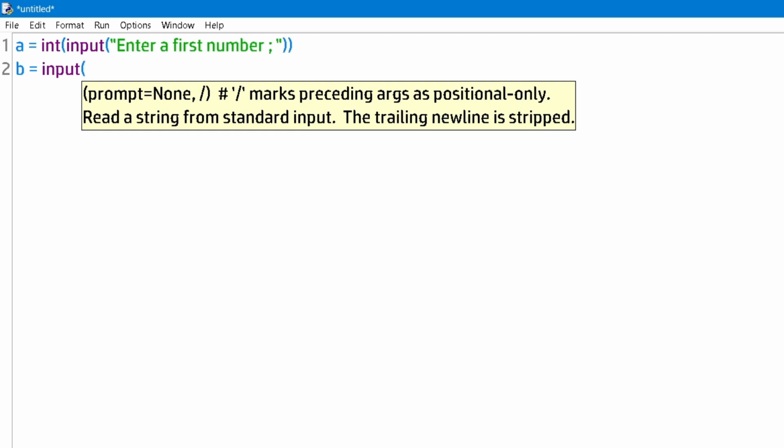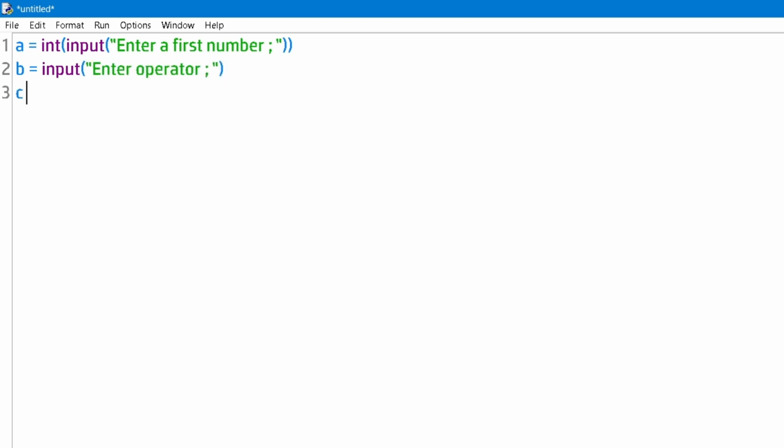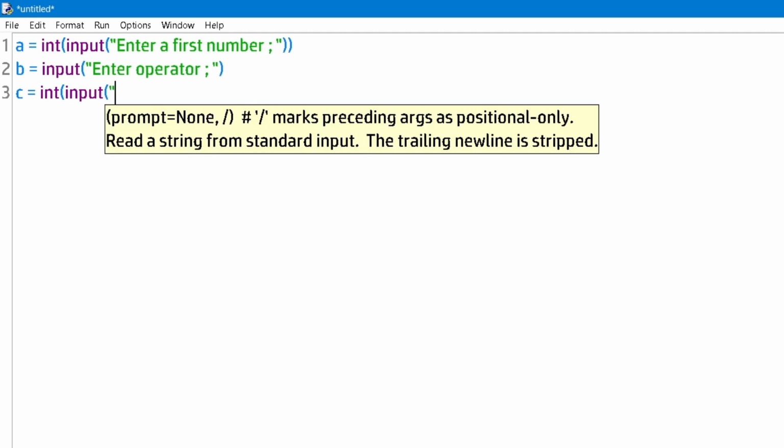In b we will take an input of the operator. So "enter operator". Operator means what you want to do: multiply, plus, minus, divide. So c equal to int input, "enter the second number". Here we will use int as we are going to input an integer value.